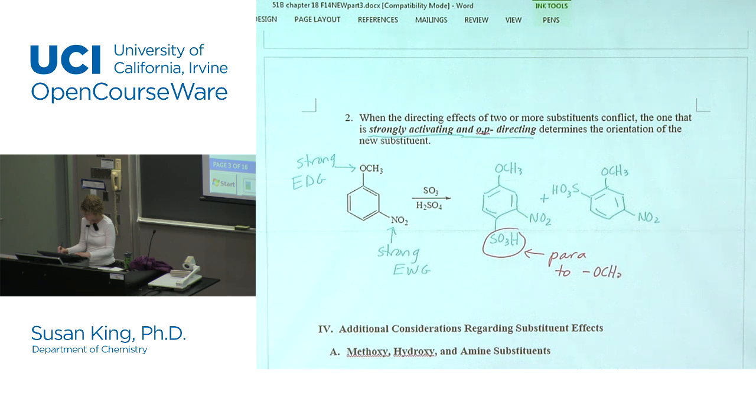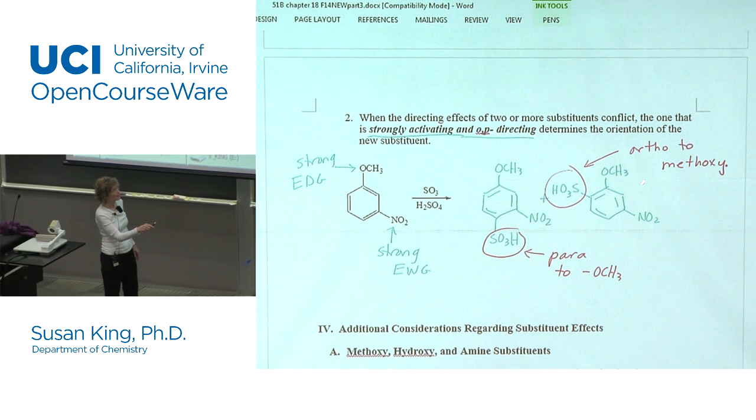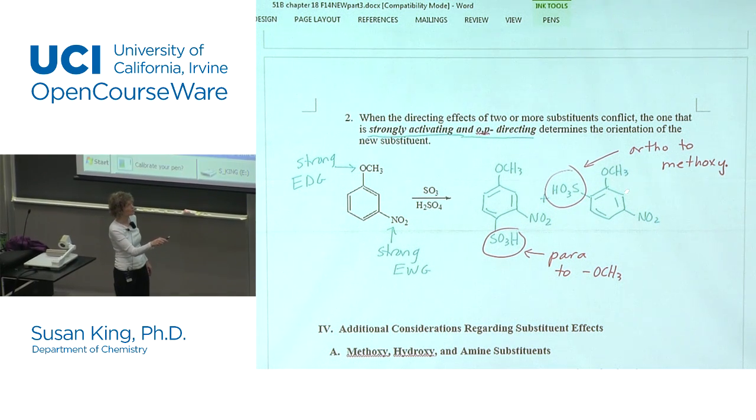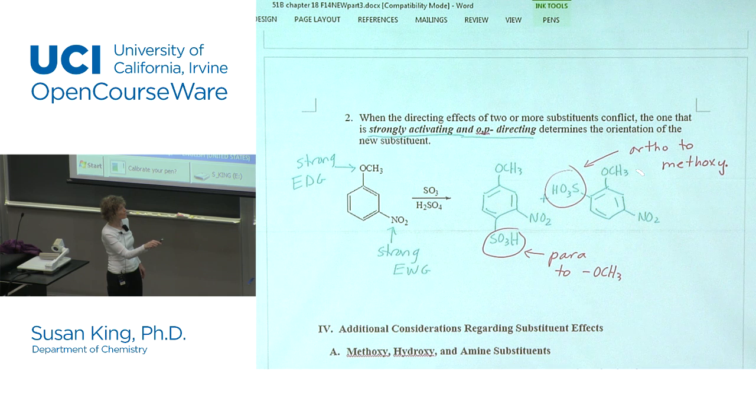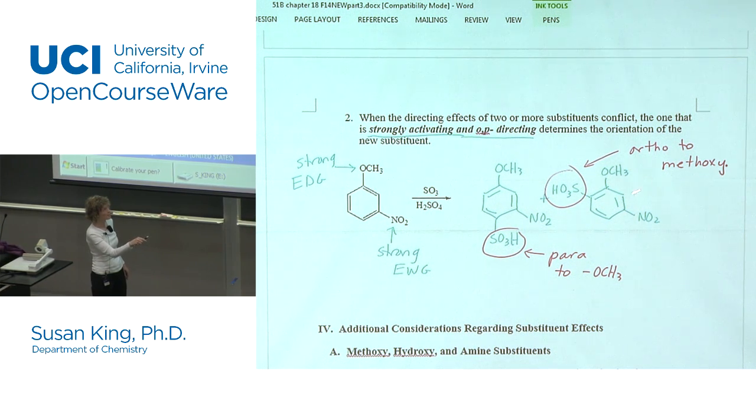Here it is ortho to methoxy. We do have another ortho position. Do you think we're going to get anything there? Right here is our other ortho position, and it's pretty hindered to go in the middle there, so we don't tend to get that product. You get ortho on the least substituted side, para here, but we wouldn't tend to get the one where there's a substituent right there.